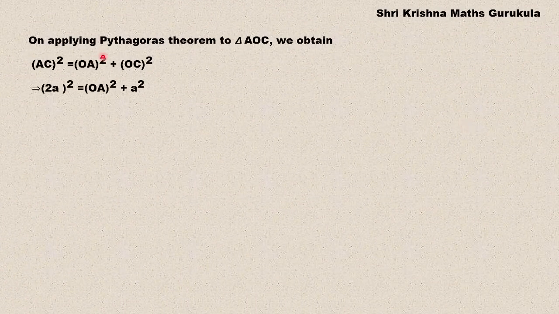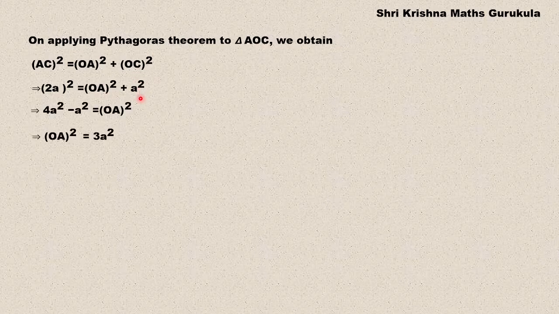So applying the Pythagoras theorem gives us AC square as 2a whole square, which is 4a square, equal to OA square plus OC square, which is a square. After simplification, we get OA square to be 3a square. So OA is a root 3.